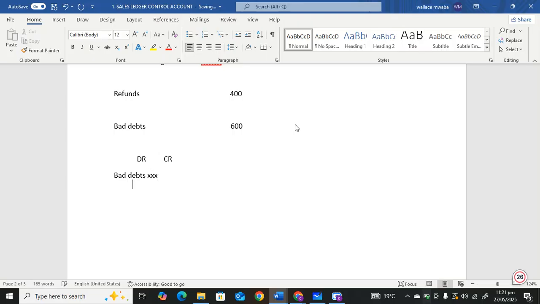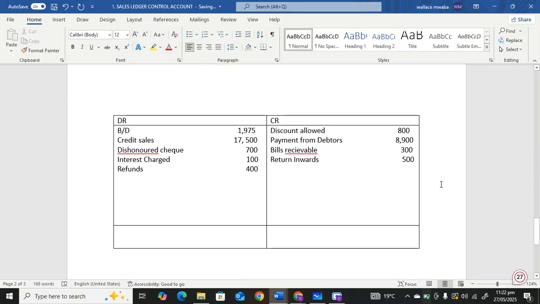Then you credit the receivable to say that okay, these persons they're no longer owing me. I'm not going to get this money back. So yes, these bad debts will come on this side here. Any questions?